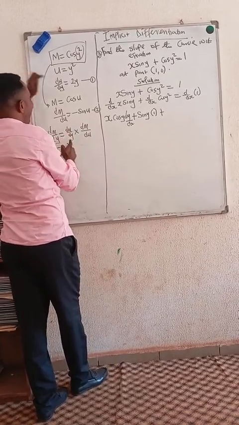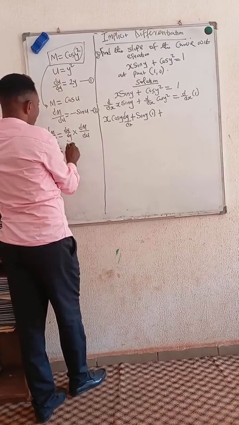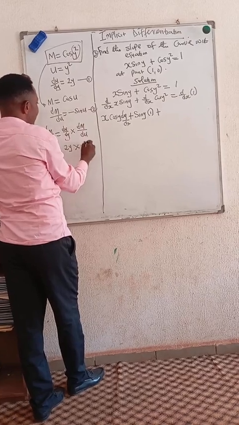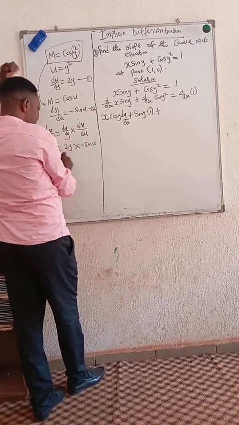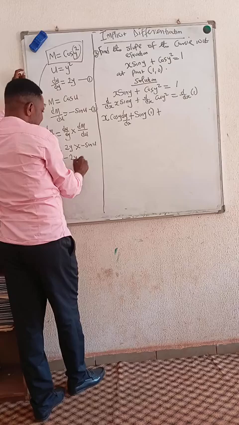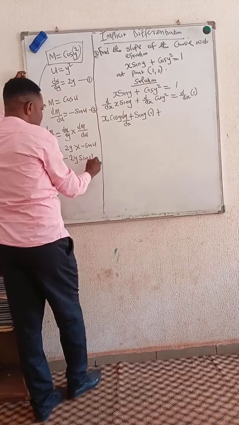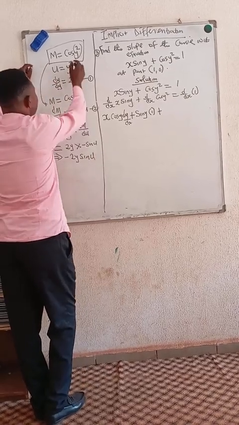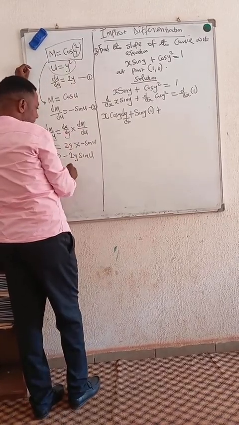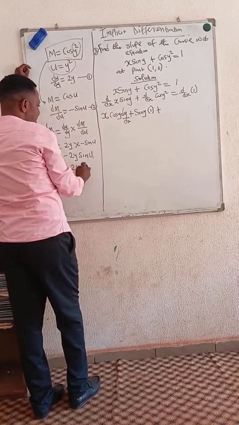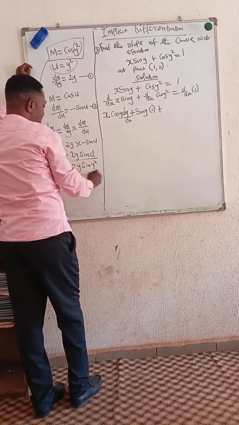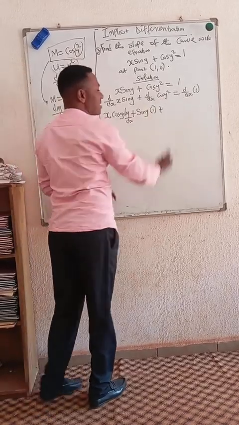So what is du/dy? du/dy is 2y. When you multiply this by dm/du, which is minus sin u, the result is minus 2y sin u. But what is u? u is y², because we made that assumption earlier. So it is minus 2y sin y². This is the derivative for this part.